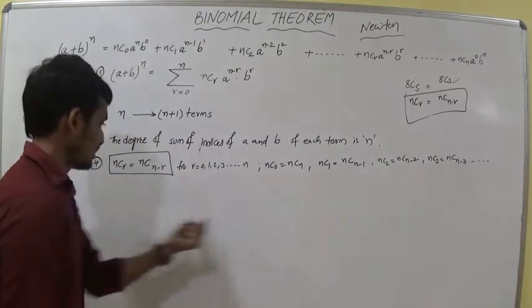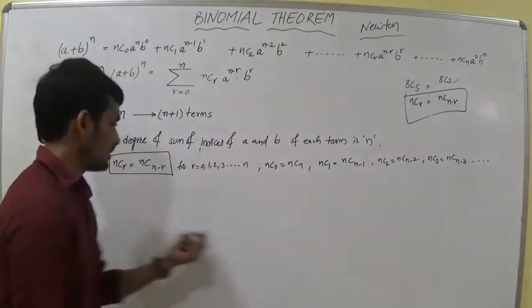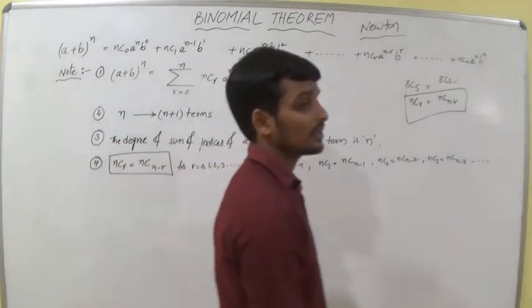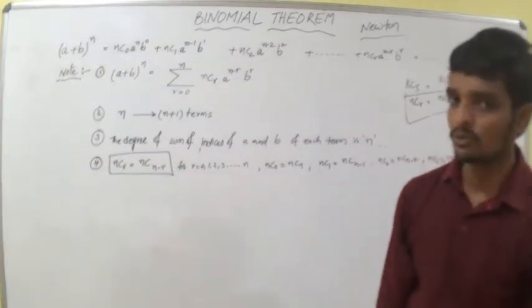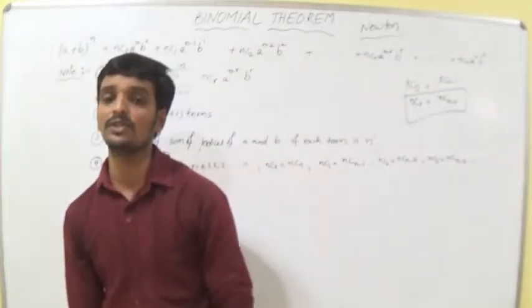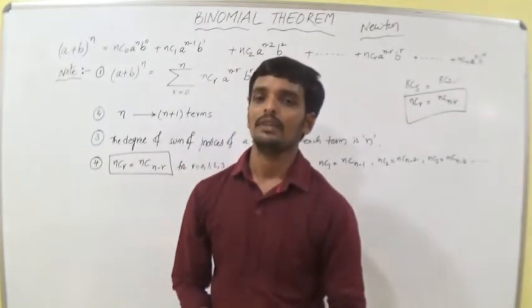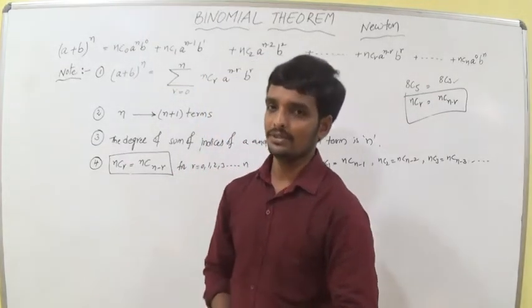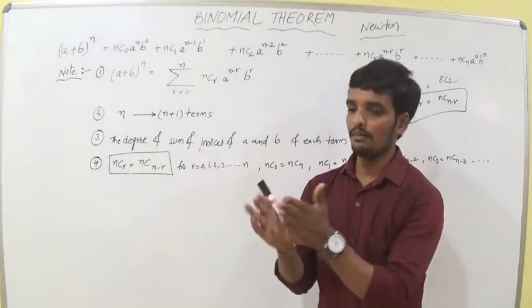The first to second, last to second, these are the coefficients of the binomial theorem. I told you so many times, these are the coefficients of the binomial theorem. These coefficients are equal, as we have learned from the Pascal triangle. So the first term 1, last term 1, middle term 2.